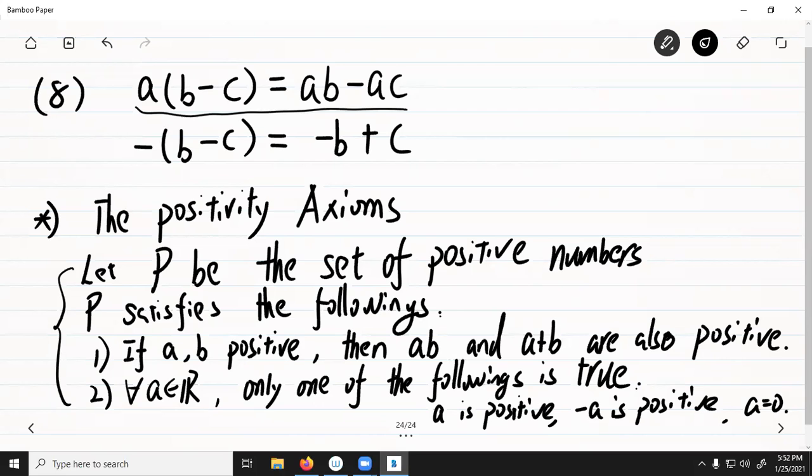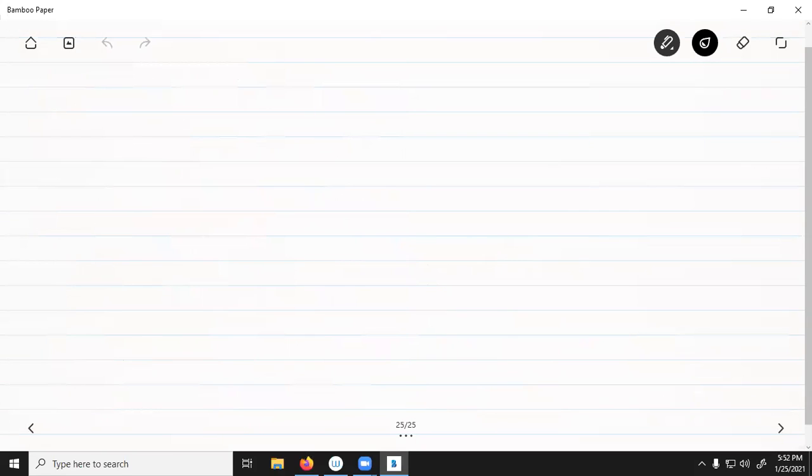There's only one choice. So now we want to use this axiom to introduce the ordering of real numbers.